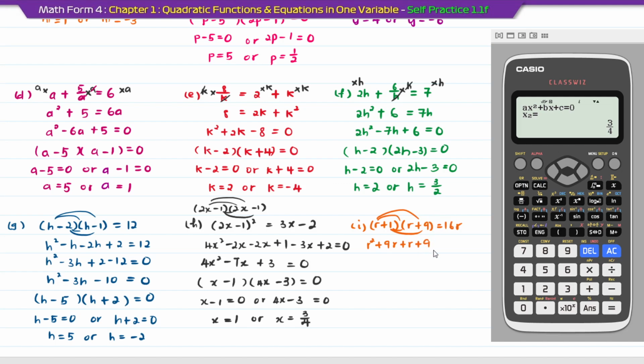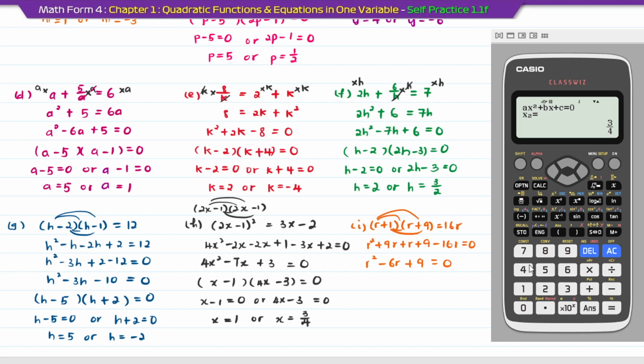And then the 16r moves to the front, minus 16r equal to 0. So solve for the like terms: r squared, then plus 9r plus r gives you 10r, minus 16r is minus 6r, and then plus 9 equal to 0.